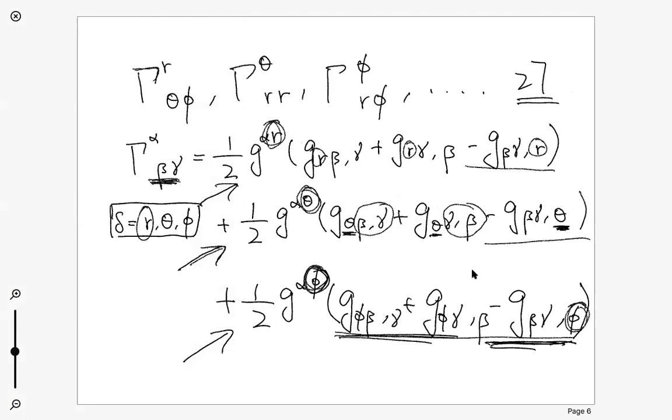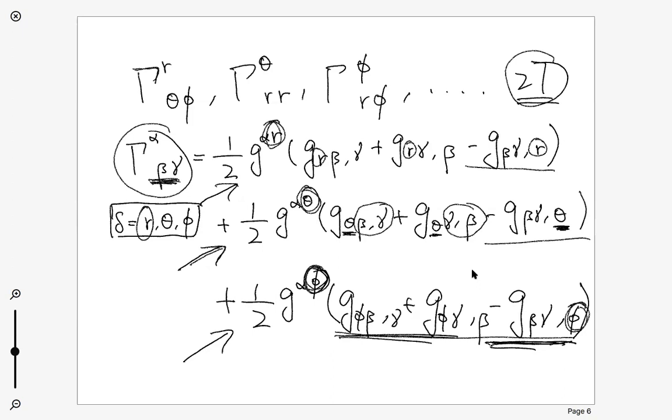Okay, so now let's not forget about what we really want to do in the first place. What we really want to do is to calculate the Christoffel symbol. Or more concretely, find out each of the 27 components of the Christoffel symbols.